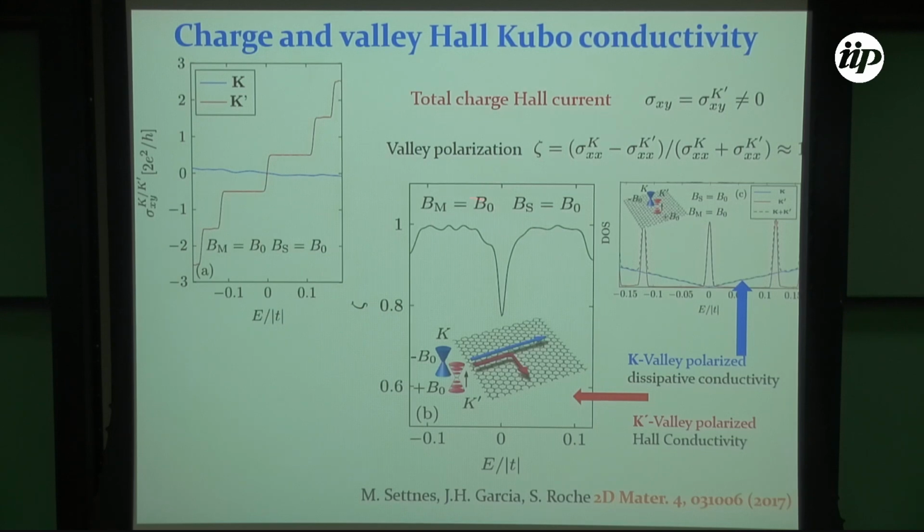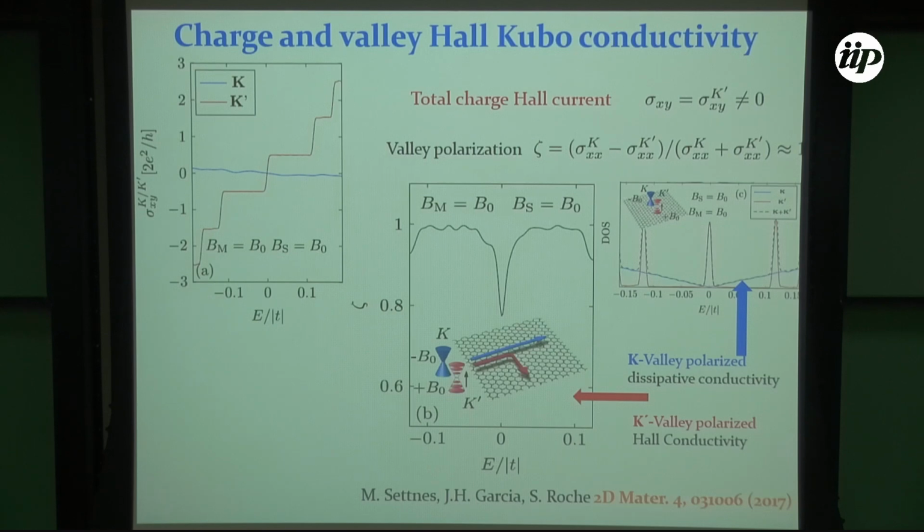And in addition to this, and this is really the quantum valley Hall effect, we will have a fully polarized DC transport. So we picture here, when we have the plateau due to just one valley, we have a dissipation in the other valley because there is a finite density of states, so there is a finite longitudinal conductivity, but completely valley polarized, and you have a plateau that is determined by the other valley.